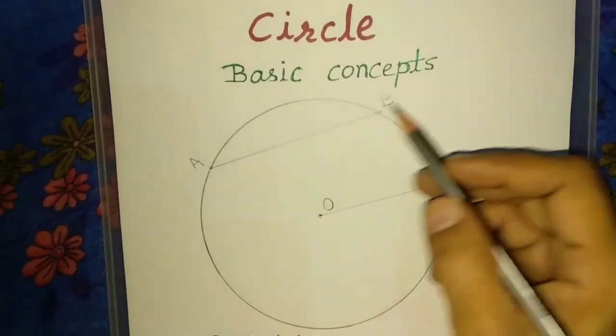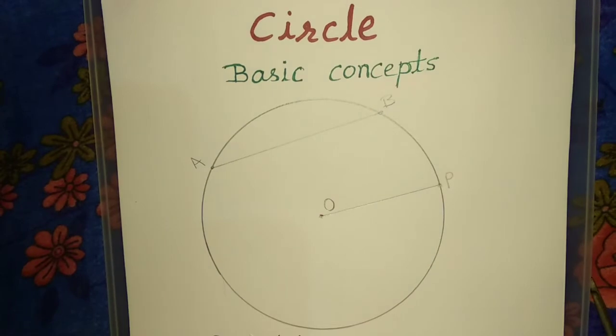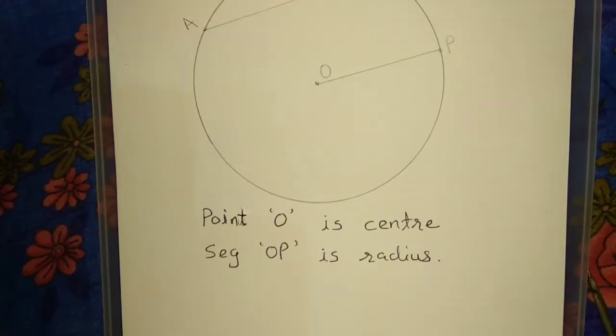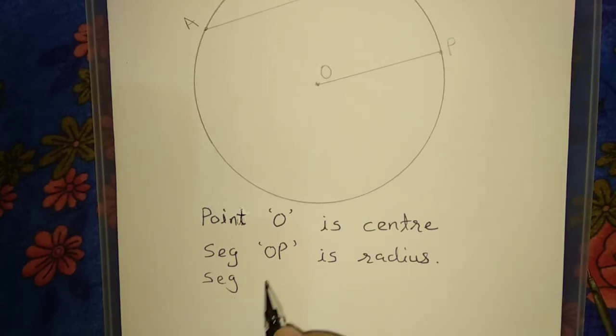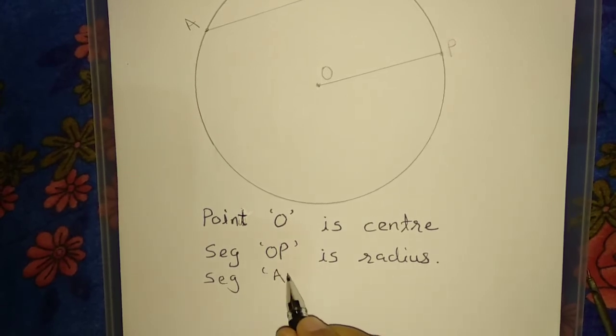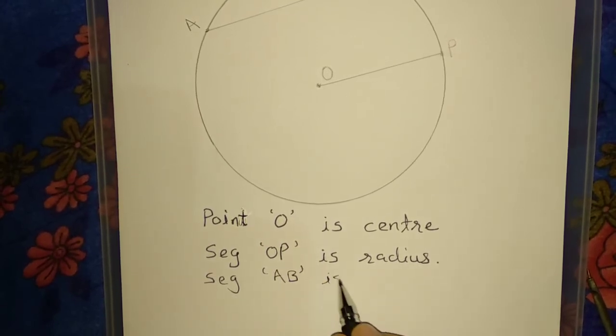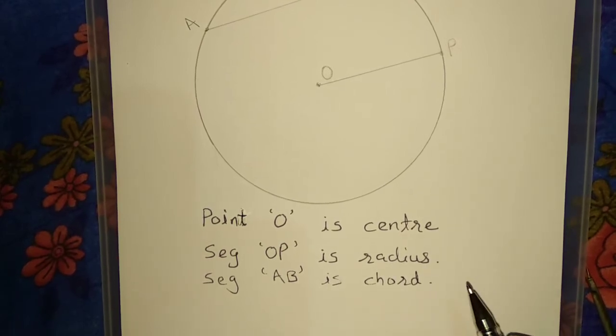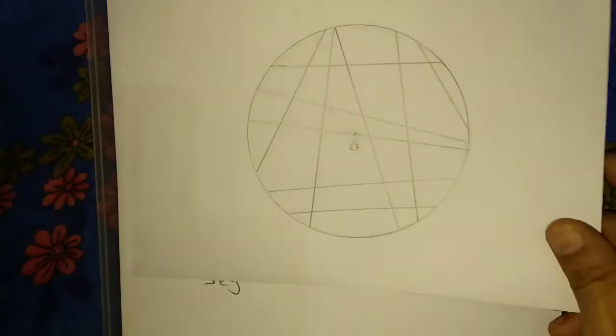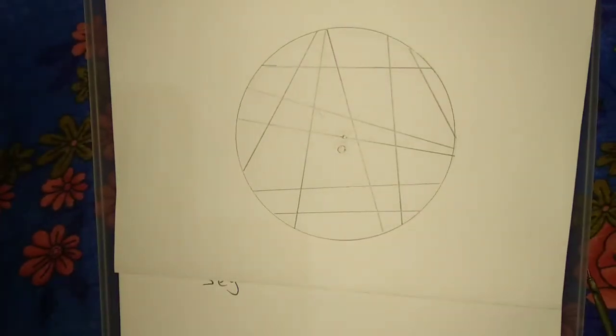Therefore, segment AB is chord. We can draw infinite chords for a circle.